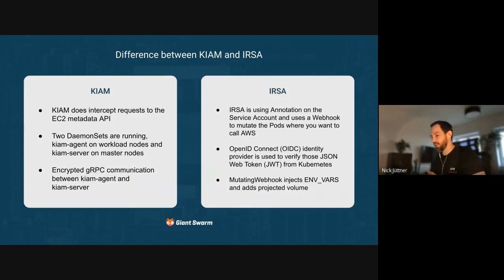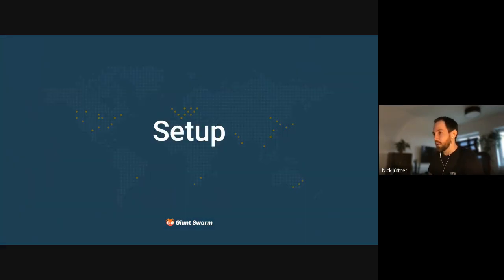The provider verifies whether this key is coming from Kubernetes and can be trusted, and if so, you get the IAM credentials. And as I said, you have this mutating webhook which injects the environment variables and adds the projected volume.